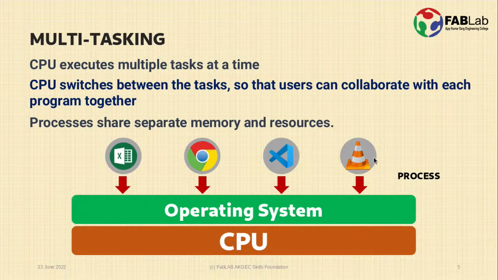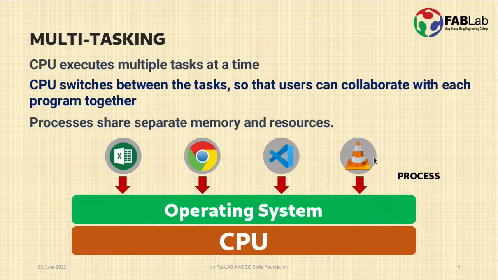Whenever the term multitasking comes, what comes to our mind? We generally start to think that there are multiple tasks, and our processor or controller is going to execute these multiple tasks at a time. But there are certain constraints. By definition, the CPU executes multiple tasks at a time.